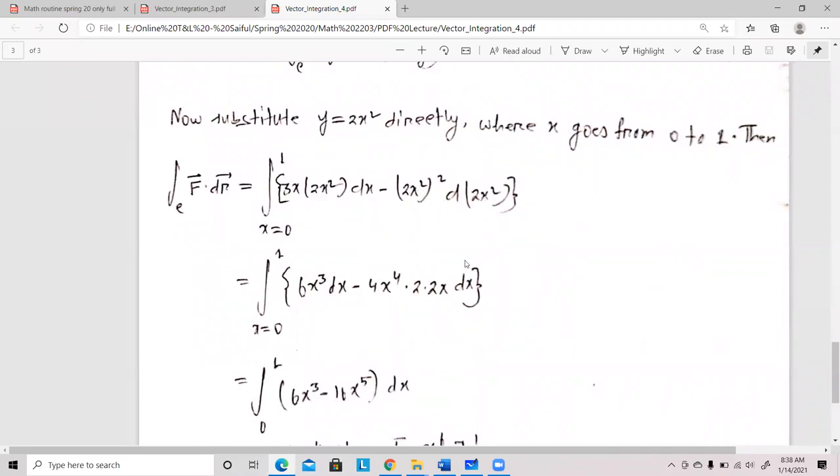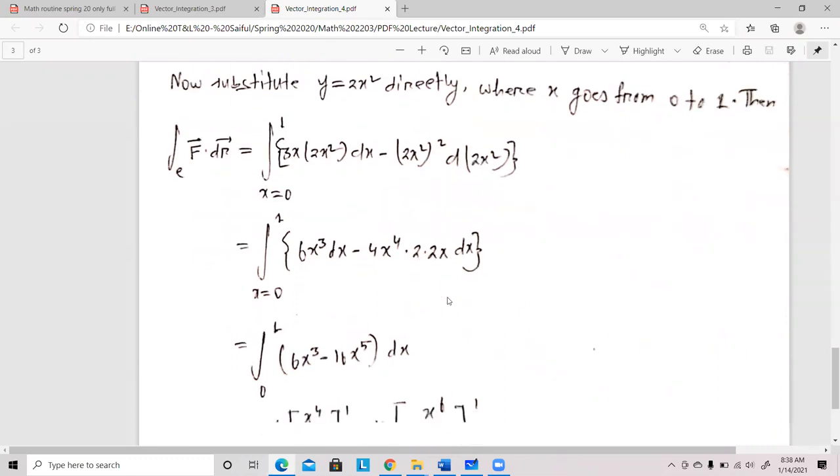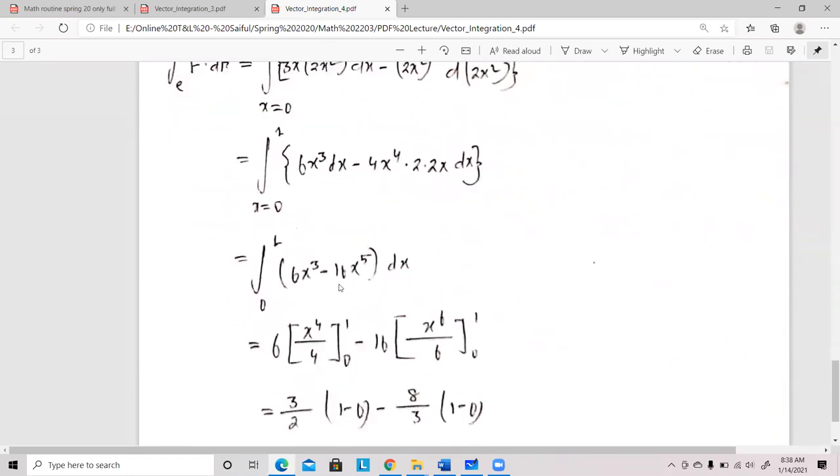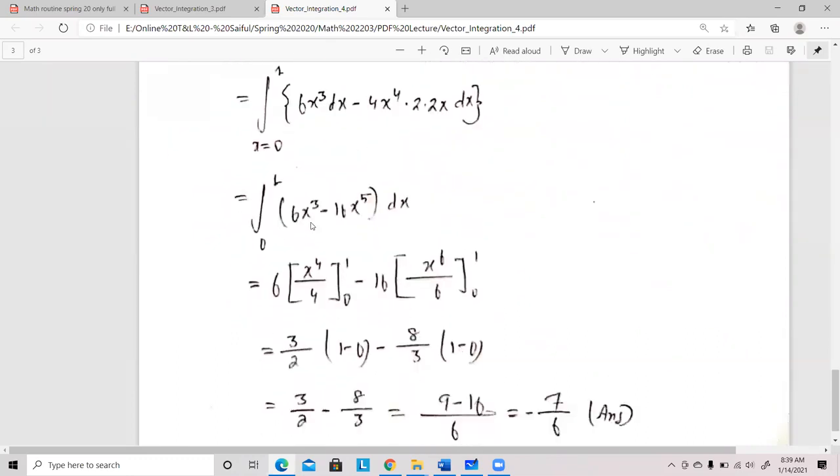After simplification we get 6x cube dx minus 4x to the power 4 times twice x dx. Now after integration of 6x cube, x to the power 4 by 4, then 16x to the power 5, that means 16 times x to the 6 by 6.